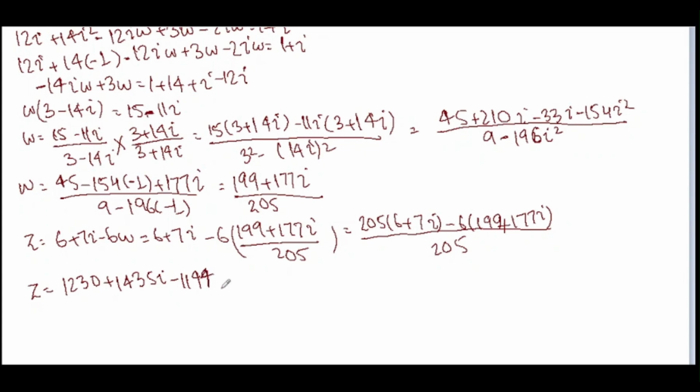Minus 1194, and then we get minus 177 into 6. 177 into 6 is 1062 iota, whole divided by 205 equals to 1230 minus 1194. 1230 minus 1194 equals 36, plus 1435 minus 1062 gives us 373 iota, whole divided by 205.